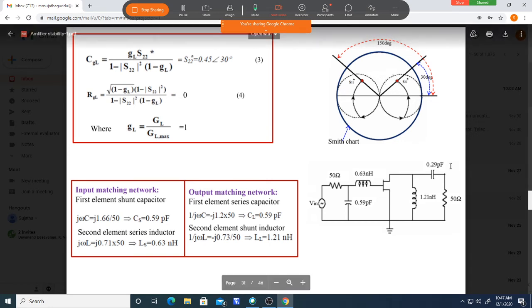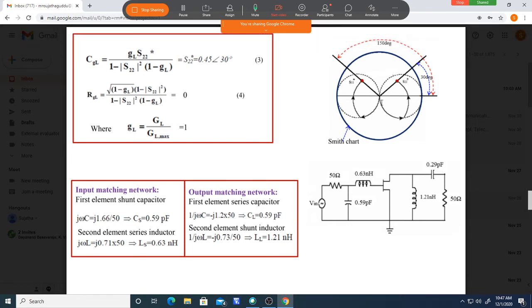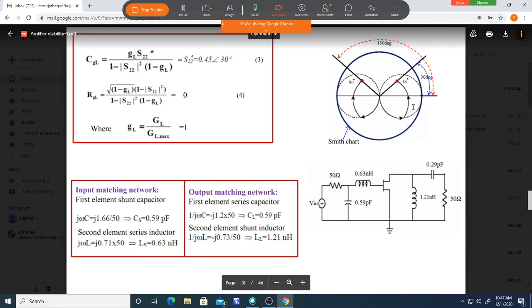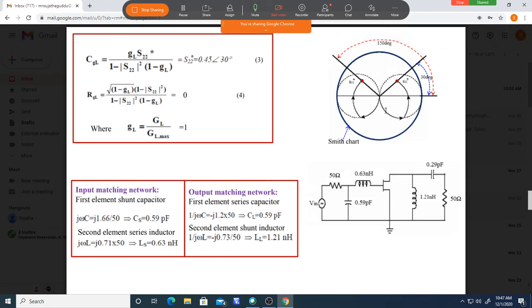So what we can do is start from 50 ohm and move on the constant R equal to 1 circle. From here, move in this direction over the R equal to 1 circle until this point. This is a point through which one of the conductance circles passes.